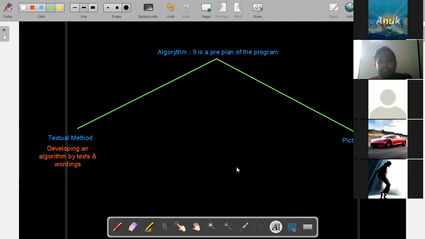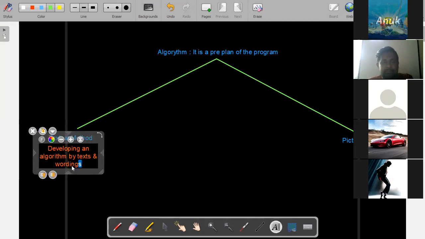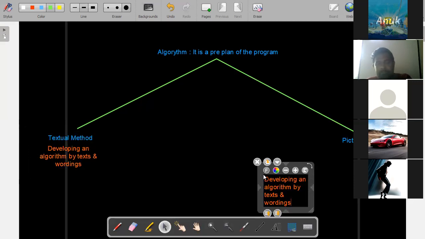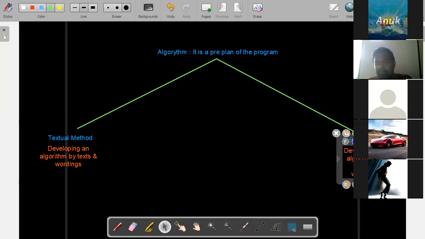The other method is developing an algorithm by pictures. Pictorial method and textual method. Understood that?